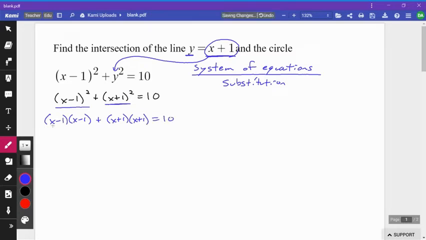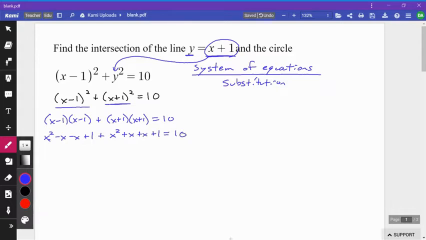So when I distribute the x, distribute the negative 1, I get x squared minus 2x plus 1. When I do the same here, I get x squared plus 2x plus 1, and that is going to equal 10.